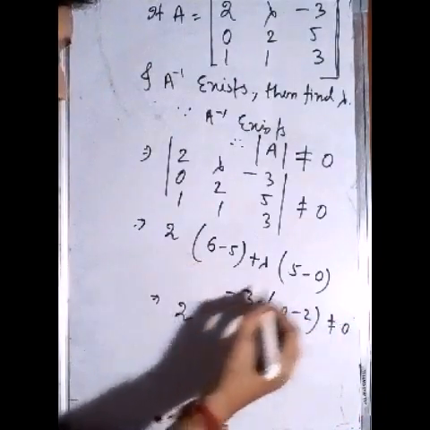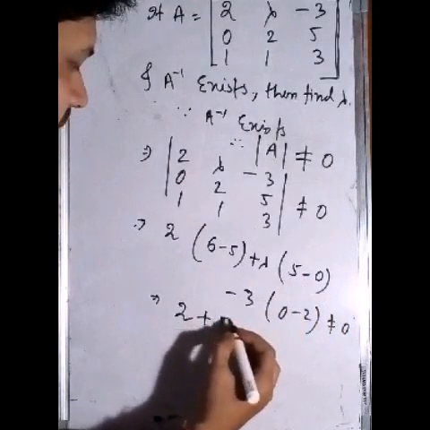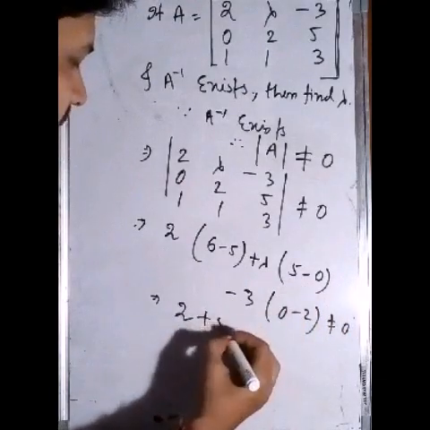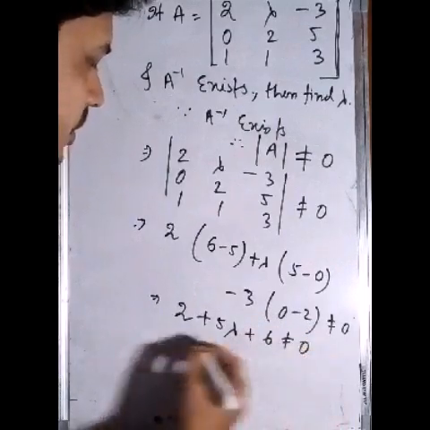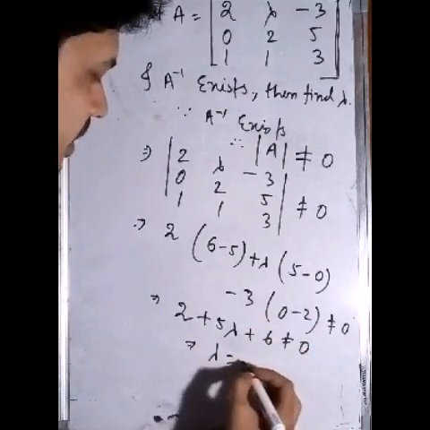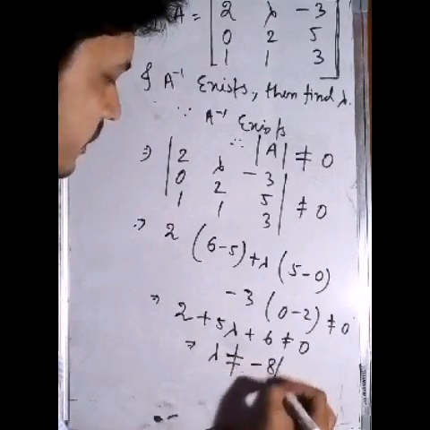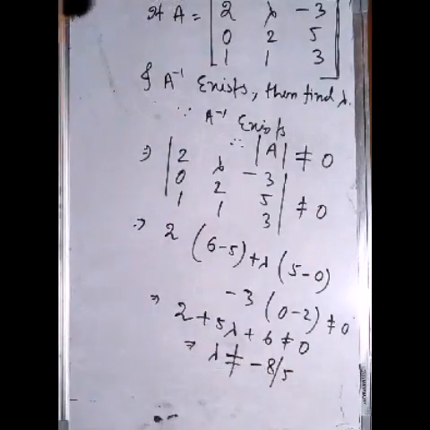So this is 2, this is plus 5 lambda, and this is plus 6, not equal to 0. So we have from this lambda not equal to minus 8 by 5.